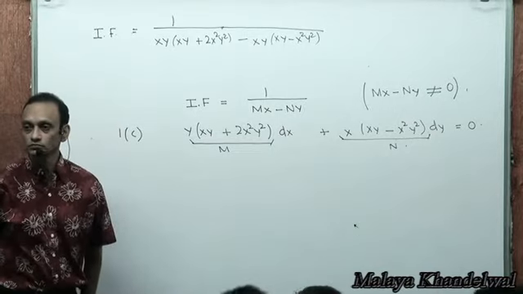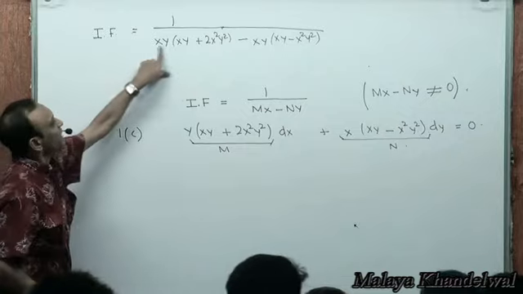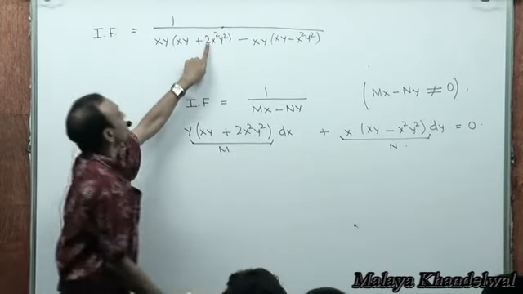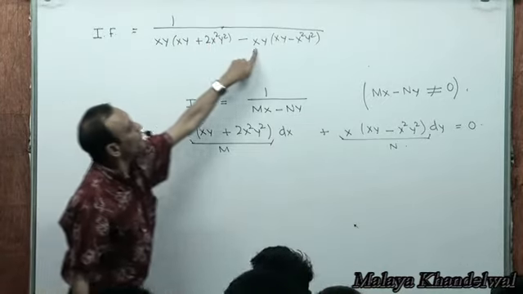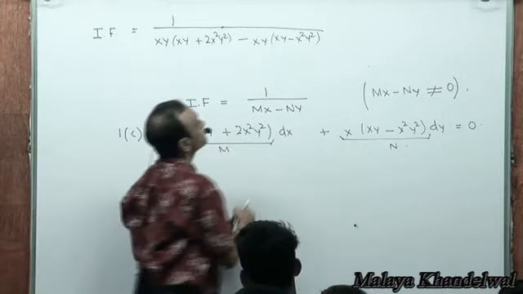Let's see what happens here. The x squared y squared and x squared y squared cancel off, and there is 2x cubed y cubed plus x cubed y cubed. So 1 by 3x cubed y cubed.